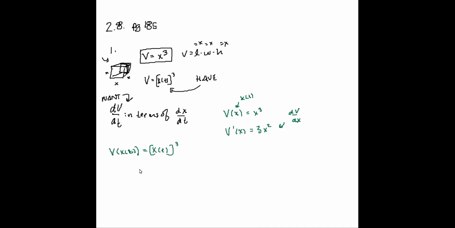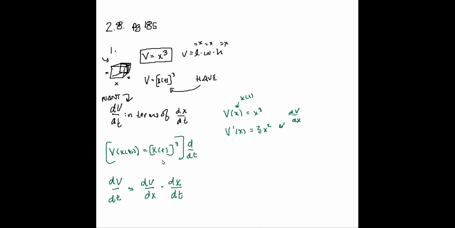And so if we were to take the derivative with respect to t, so d/dt, we're going to end up with dV, and this is implicit, right? I'm taking this implicit derivative. So I'll end up with dV/dt is equal to dV/dx times dx/dt, because this is a chain rule.